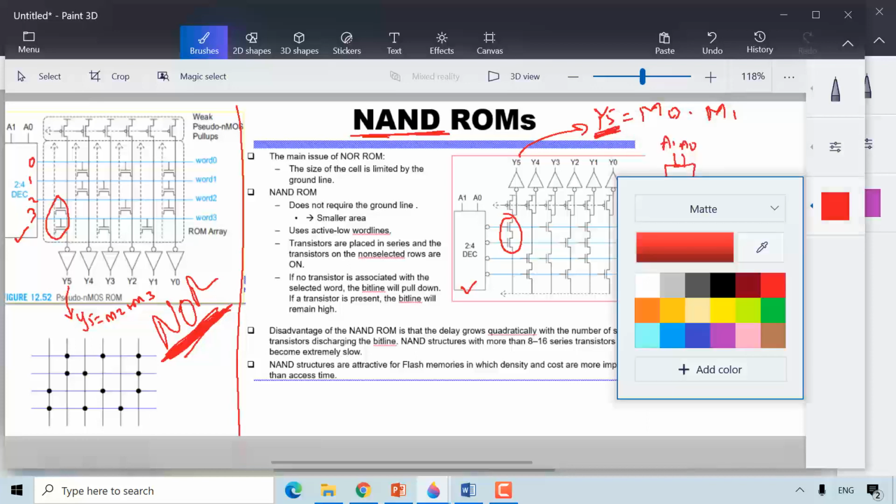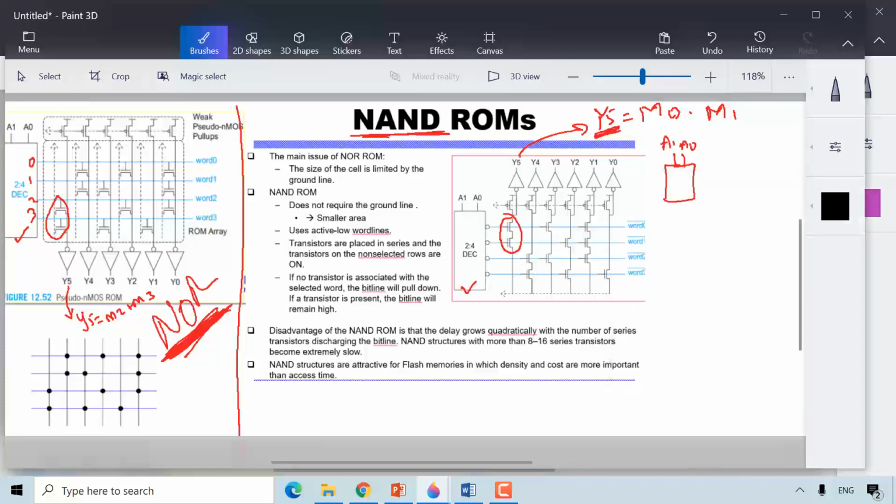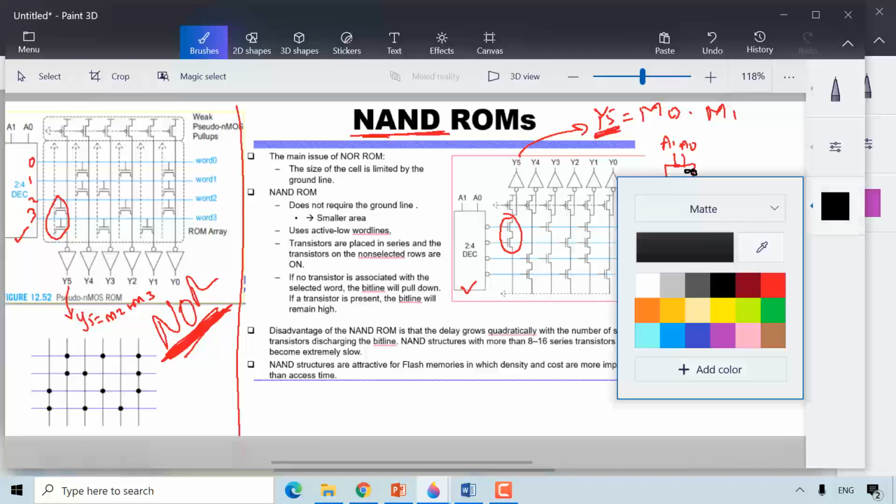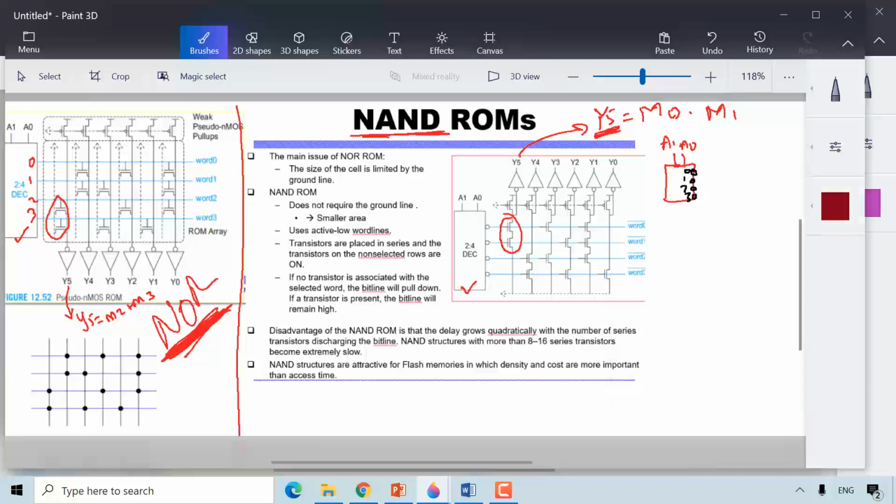I have these 0, 1, 2, 3. These are the outputs, and then what I do, I bubble those outputs, right? Because I want max terms. And then I pull those max term 0, max term 2 into my NAND gate.